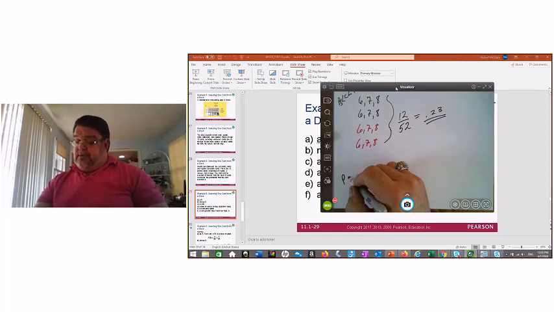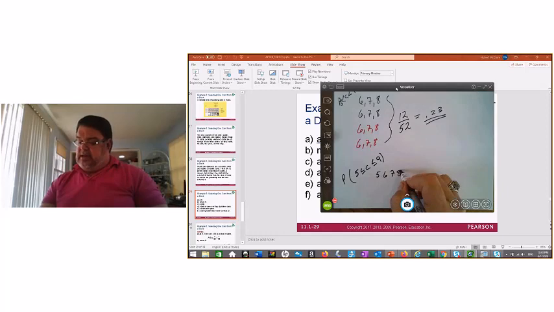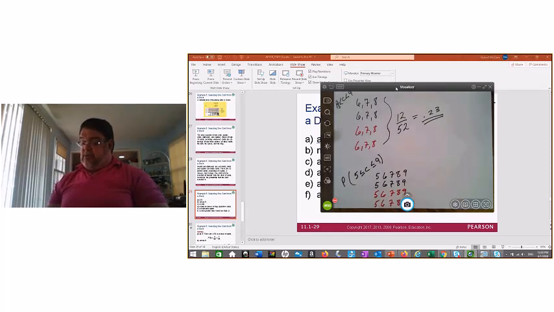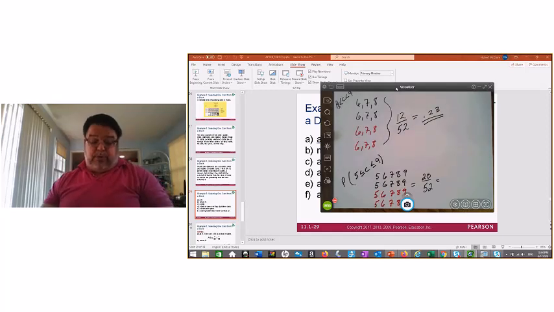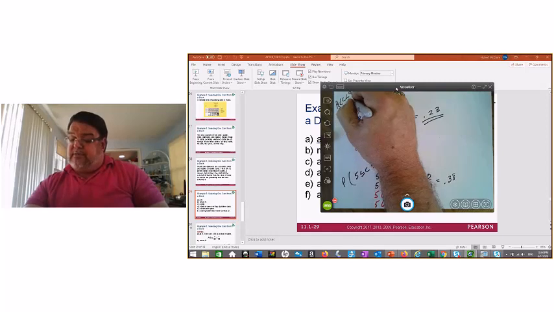Now be very careful here, because I could easily do this on a test. Probability of a card being greater than or equal to 5 and less than or equal to 9. That would be 5, 6, 7, 8, 9, in each of the 4 suits. So that would be 5 times 4, which would be 20 over 52, which would equal 0.38. The earlier one was exclusive, meaning you can't use 5 and 9.